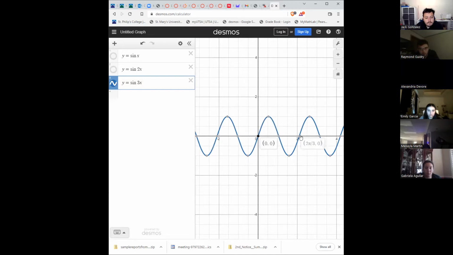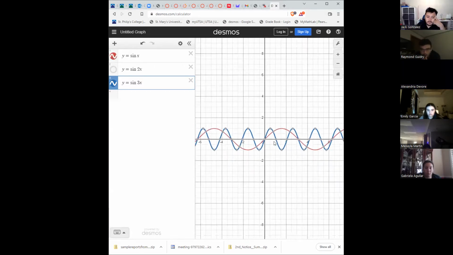Right here. 2 pi thirds. So instead of going from 0 to 2 pi, it starts over and ends at 2 pi thirds, where the original goes all the way to 2 pi. So it's 3 times shorter.